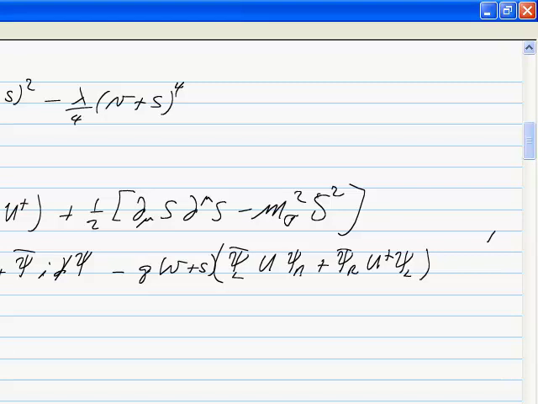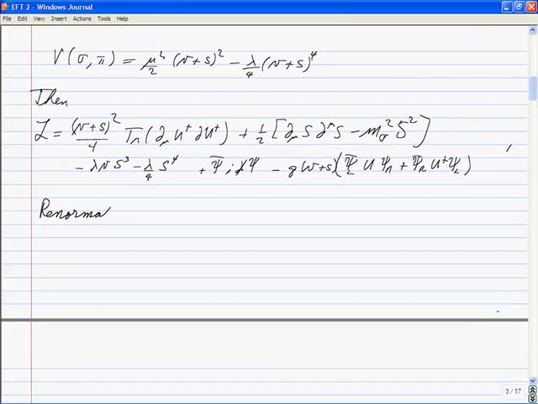What's funny about it is that the renormalizability seems to be lost. It's not, but it's hidden.